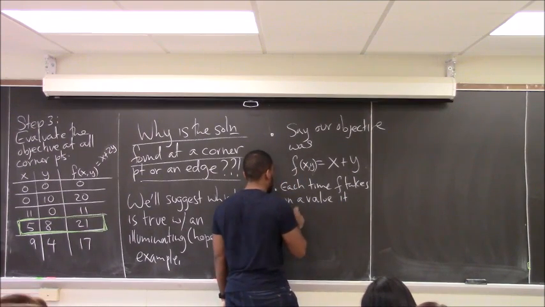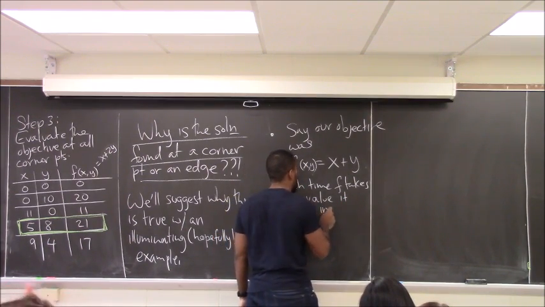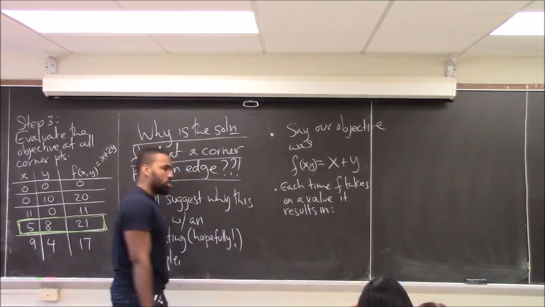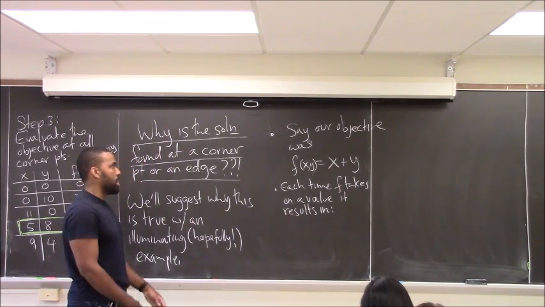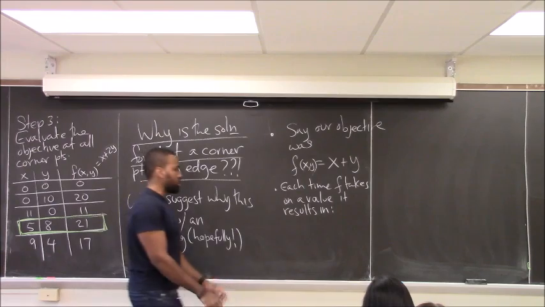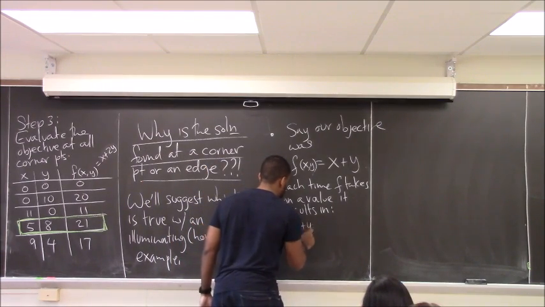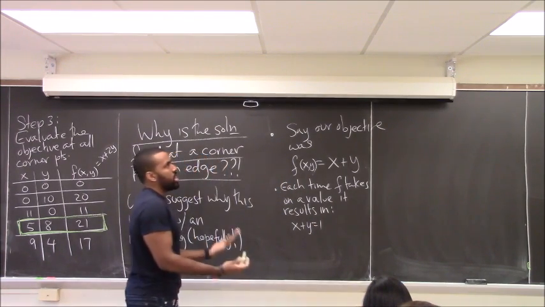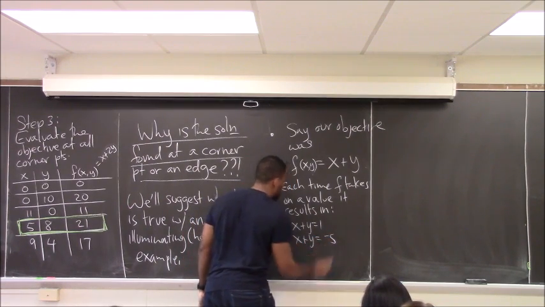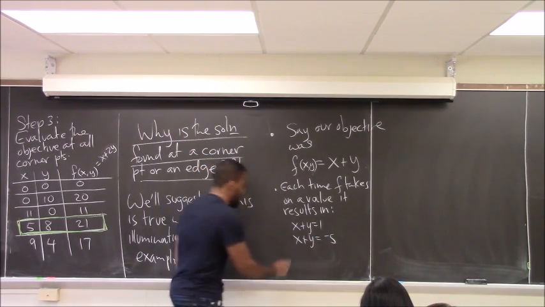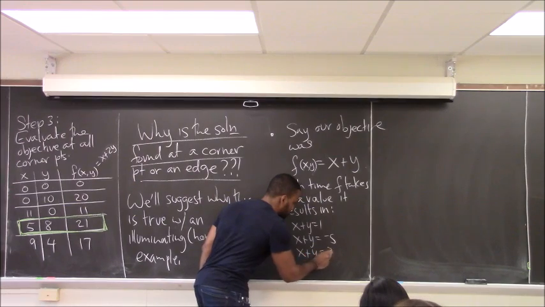It results in, well, the thing it results in, you actually know what that is. So let's say f takes on the value 1 at some point, so I would get x plus y equals 1. Or let's say f takes on the value minus 5, so you get x plus y equals minus 5. Or f takes on the value 3, you get x plus y equals 3, etc.